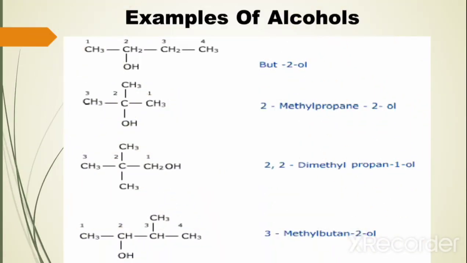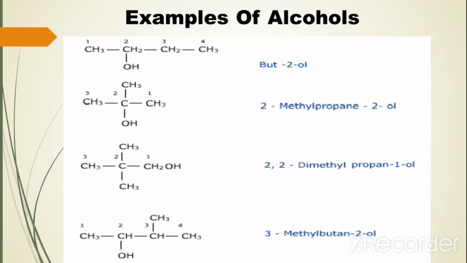So these are some more examples of alcohols. The first example is a chain that contains 4 carbons, and on the second carbon there is a hydroxyl group, so we will name it as butan-2-ol.